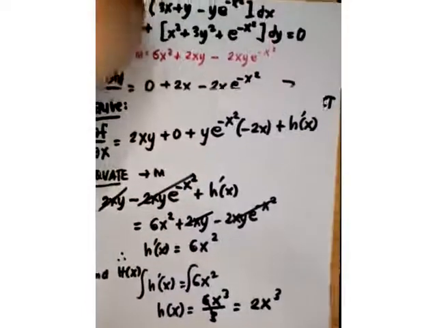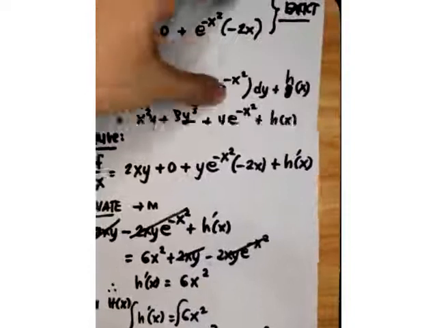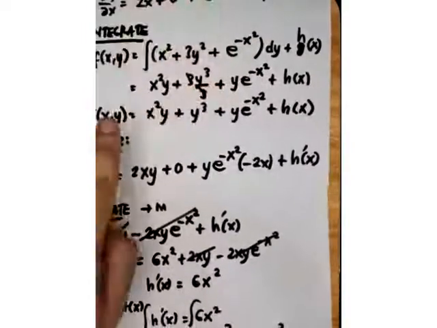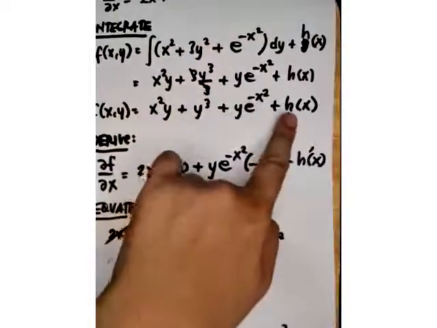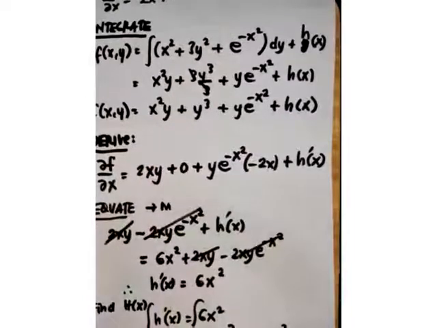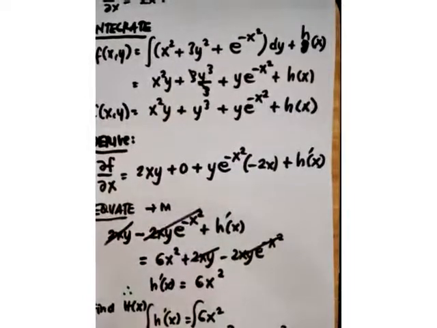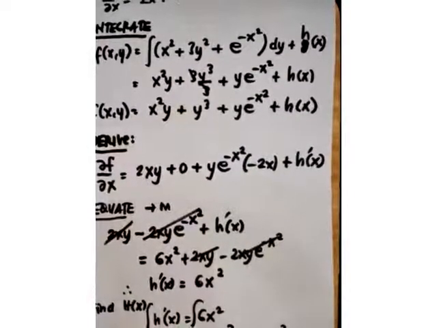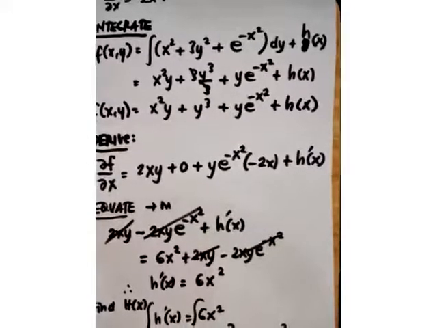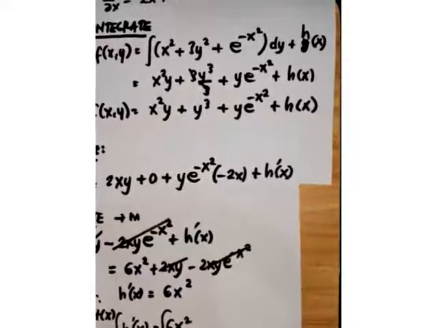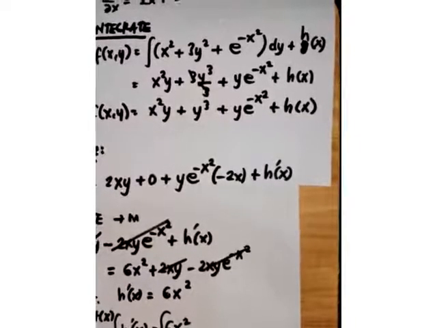And then, let's go back to the function. I-substitute lang natin siya dito. So therefore, our final answer is x squared y plus y cubed plus y e raised to negative x squared plus 2x cubed is equal to c.